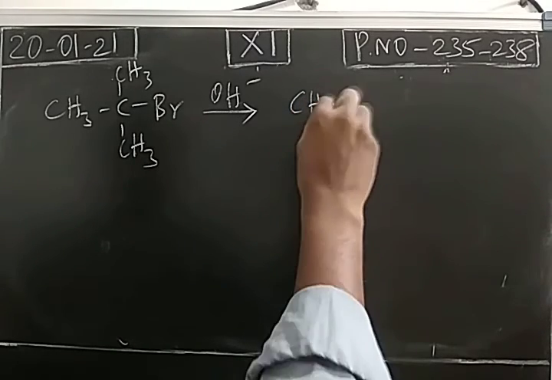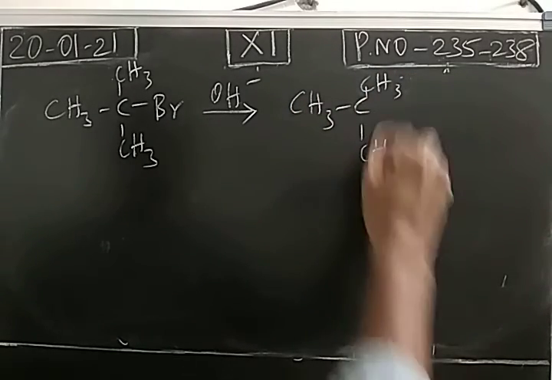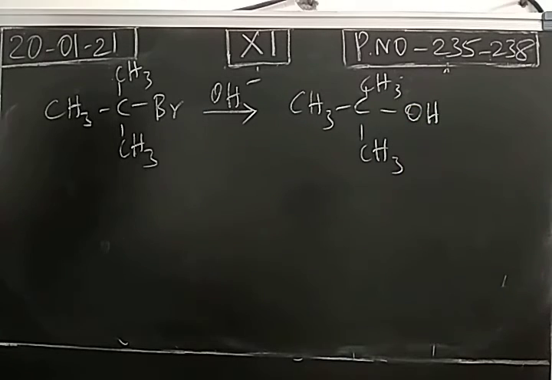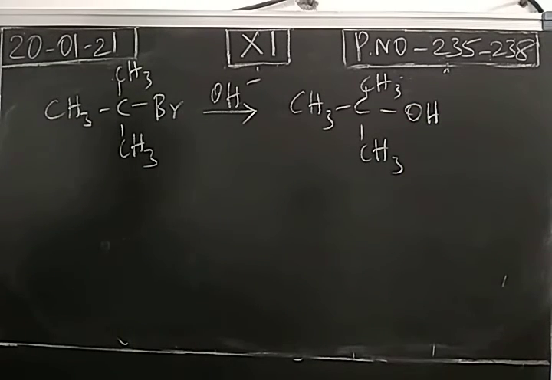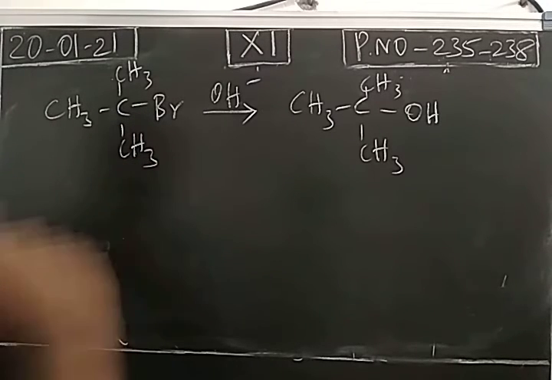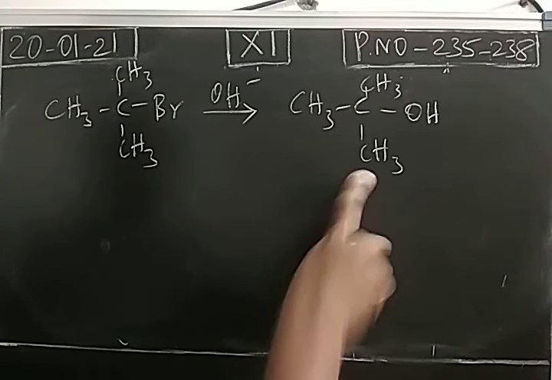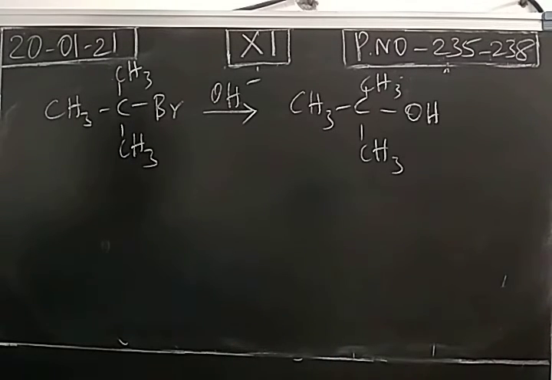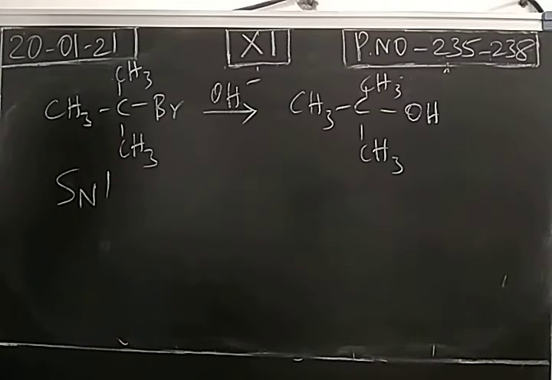You will get an alcohol, tertiary butyl alcohol. The common name is tertiary butyl bromide, and this is tertiary butyl alcohol. What about the IUPAC name? 2-bromo-2-methyl propane, and this one is 2-methyl propan-2-ol. So this is also a nucleophilic substitution reaction. This follows the SN1 mechanism.